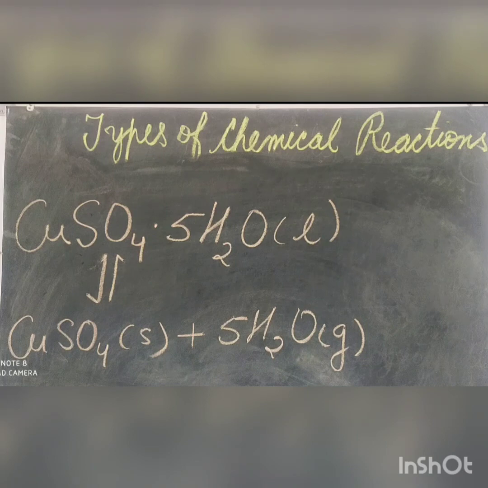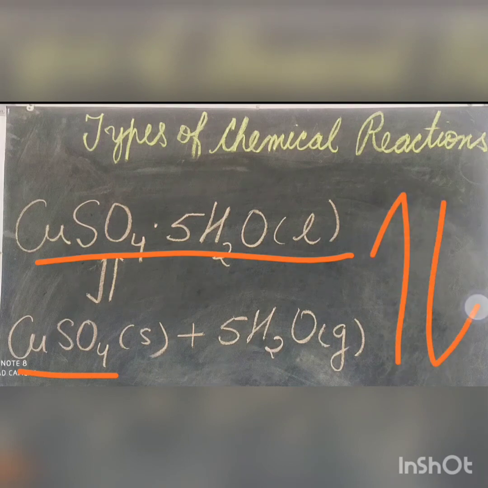Thus, the change of hydrated copper sulfate to anhydrous copper sulfate is a reversible reaction, and the equation is as given in the figure. To show that the reaction is reversible, we put the sign in between the reactants and the products.